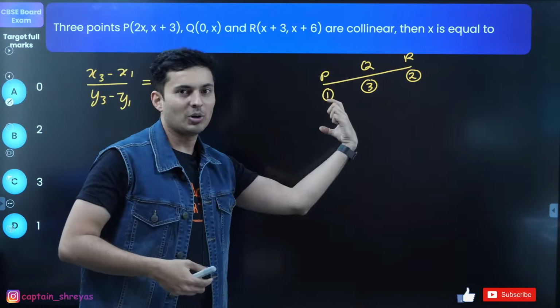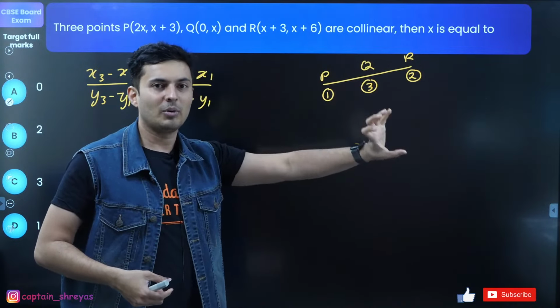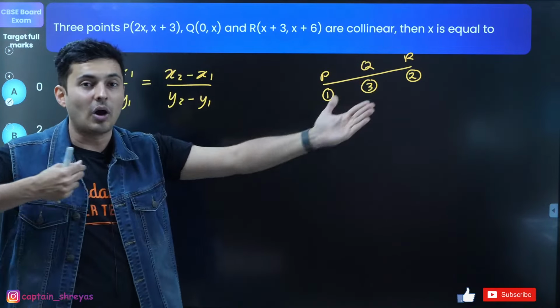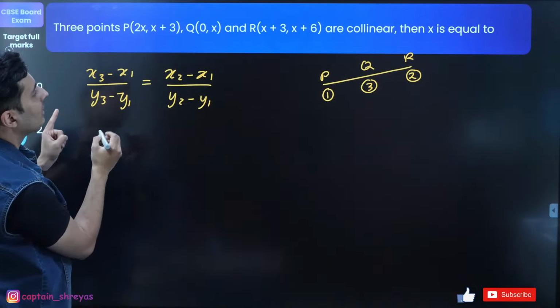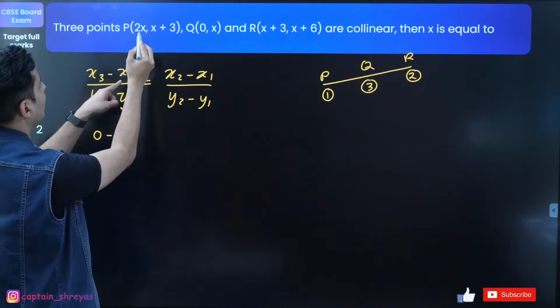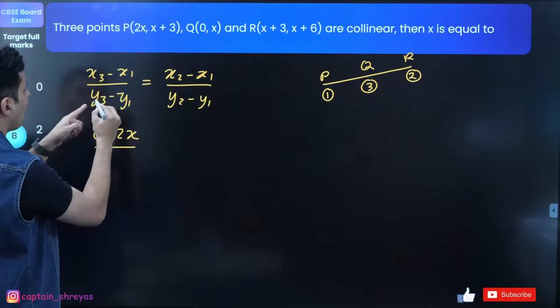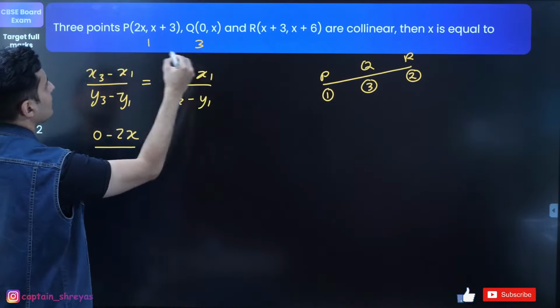So the ratio of the change in x upon change in y will be equal to the ratio of change in x upon change in y for the other 2 points, because they are on the same line, their slopes will be equal. So what is x3 over here? It is just going to be 0 minus x1, which is minus 2x. y3 is, this is 3, this is 1, this is 2.